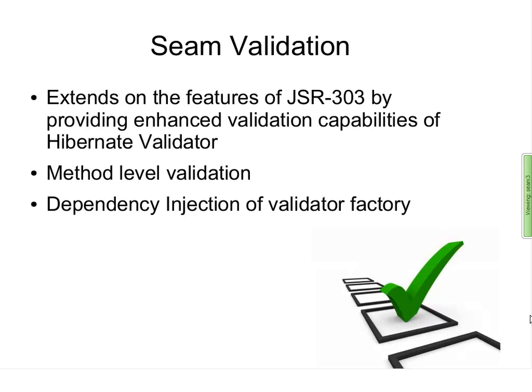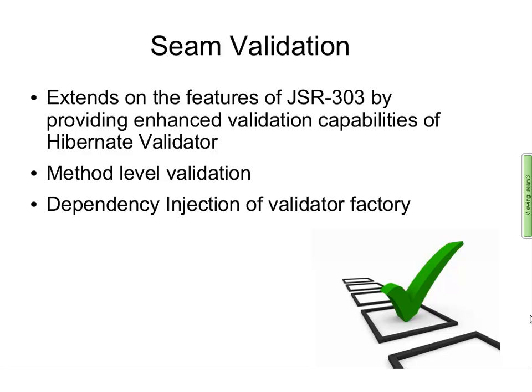The next module is Seam Validation. What this module does is integrate the latest version of Hibernate Validator with CDI. And what this gives us is a number of enhanced validation features. I think the coolest of these features is probably the method level validation. What this allows you to do is apply your JSR 303 annotations to your method parameters.